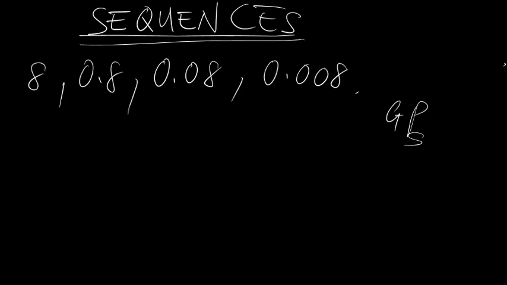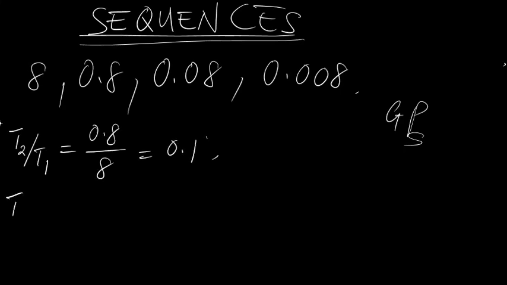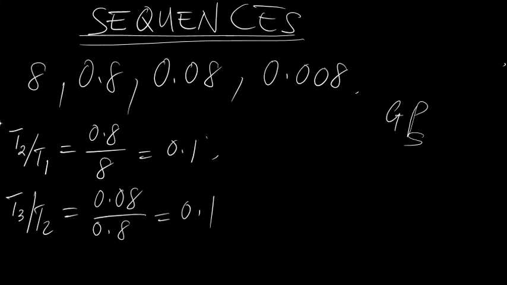It will not be an arithmetic progression. So now if you look at, let's say, the second term divided by the first term, you have 0.8 divided by 8. This will give you 0.1. Now the third term divided by the second term, 0.08 divided by 0.8, will still give us 0.1.